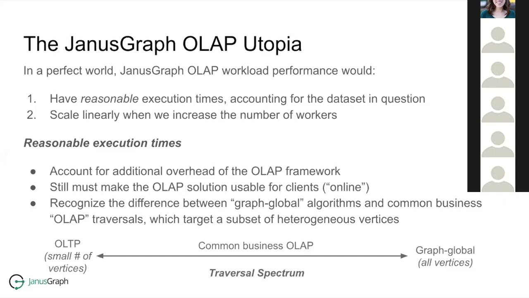A lot of common business OLAP logic actually doesn't need to do that, because businesses are generally modeling pretty heterogeneous data in their graph database. You have sales, you have customers, you have products, you have maybe some email marketing data. And generally for a single type of OLAP query, you're only going to touch a subset of that data. So in theory, our execution time for this business logic OLAP traversal should be a subset of the time that it would take to run one of these graph global queries.